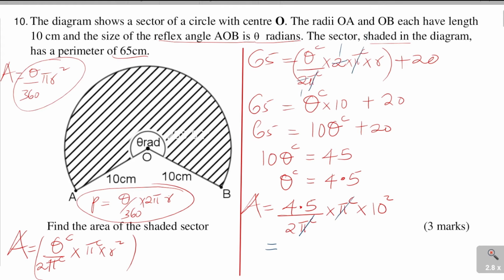You'll be left with 4.5 times 50, and these will give 225 centimeters squared when you multiply.